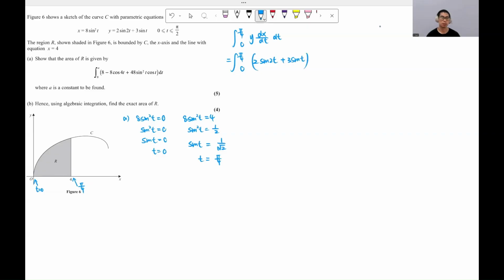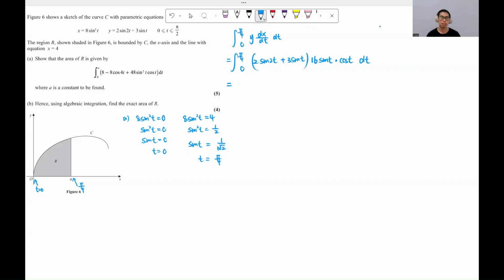And then dx over dt: differentiate x with respect to t, so bring down the power 2, and minus 1, the power becomes sine t. And it's not x squared or t squared, just sine t squared, so sine t will be the chain in this case. So we times by the derivative of sine t, which gives us cos t, and then dt.